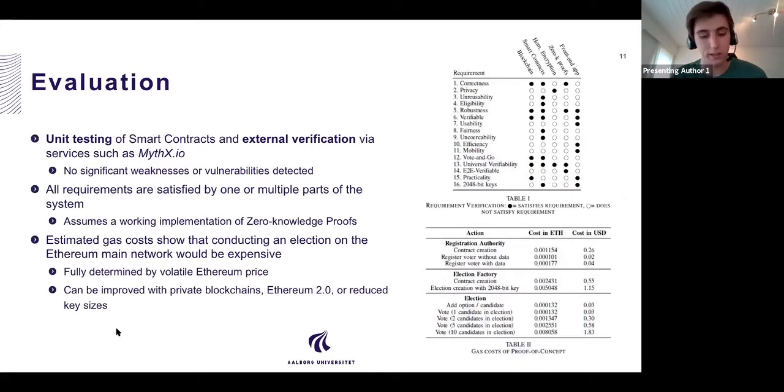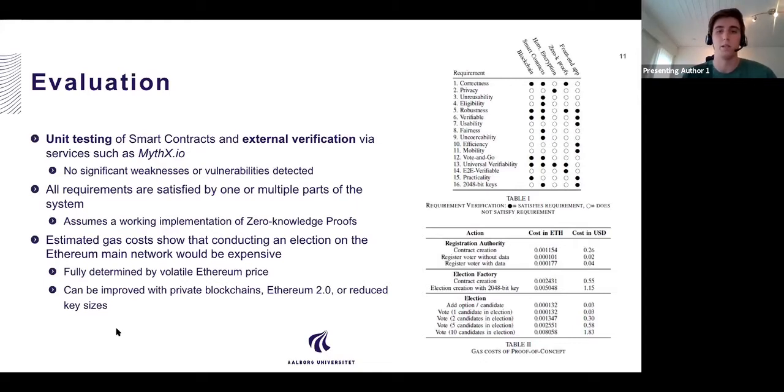Then we also evaluated the prototype. On one hand, we did unit testing of the smart contracts to ensure there are no obvious mistakes while we were developing it, which was very helpful. And then we also externally verified the contracts after completing them with certain third-party services, and we didn't find any significant weaknesses or vulnerabilities, but of course there could always be something, so it's something to be aware of.